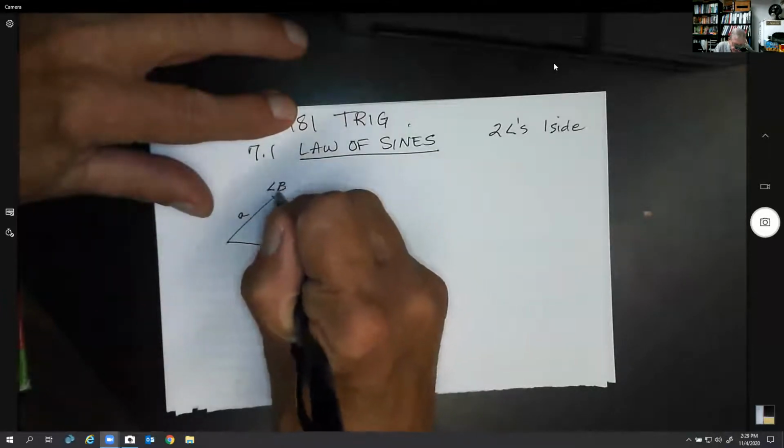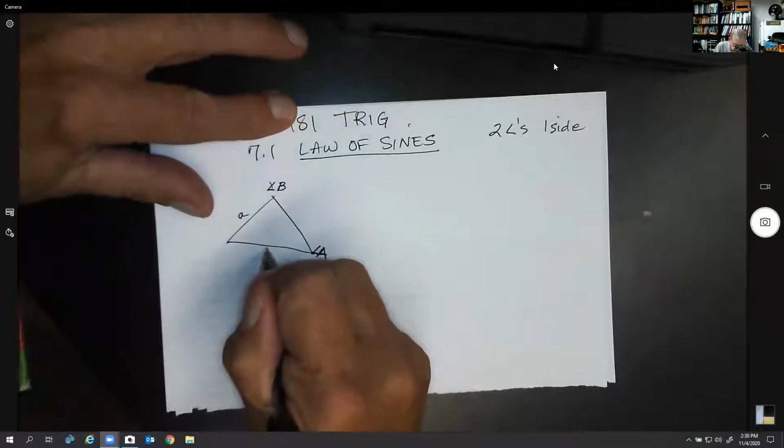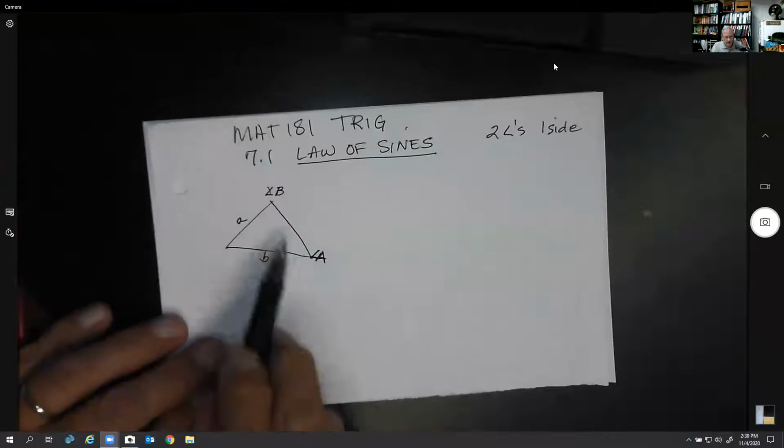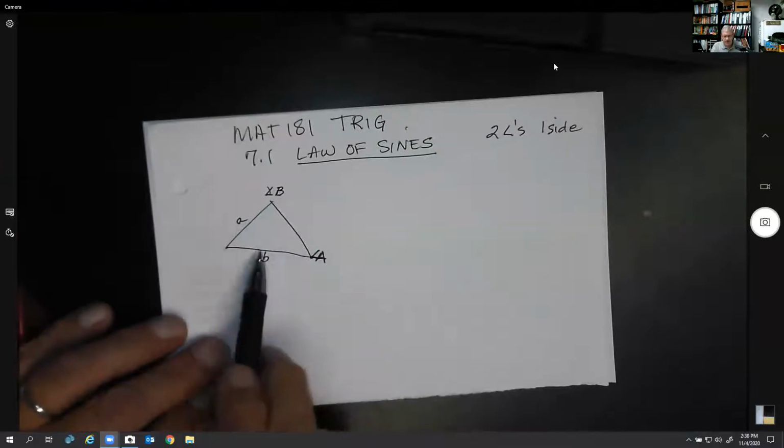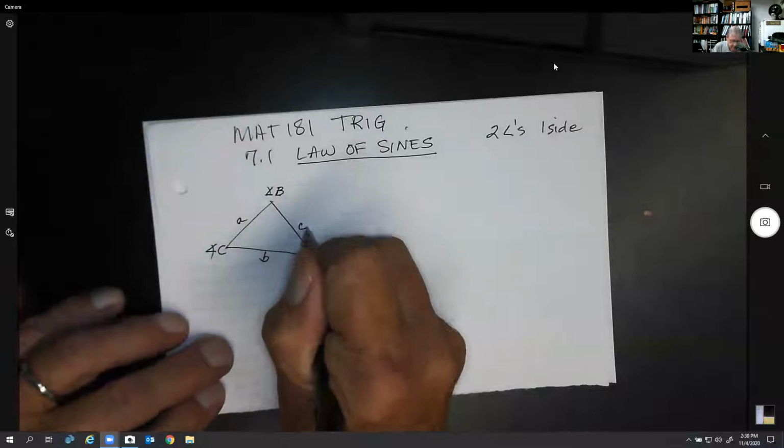Let's call this angle B. Opposite angle B is side B. And notice on angles we use capital letters, on sides we use lowercase. Of course, then this would be angle C, and this would be side C.